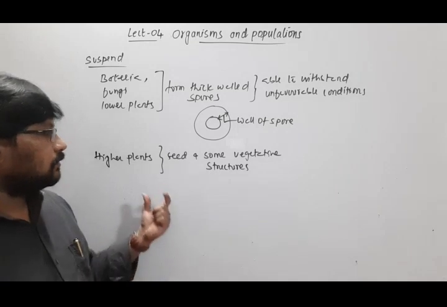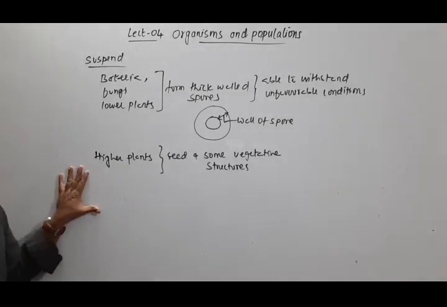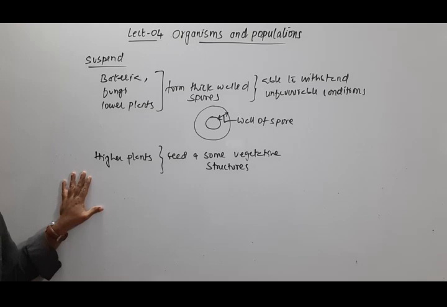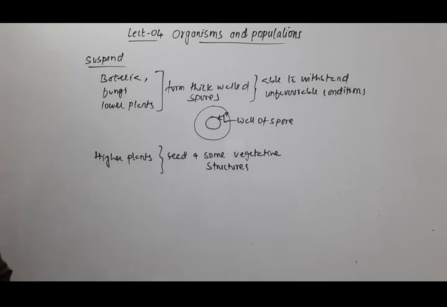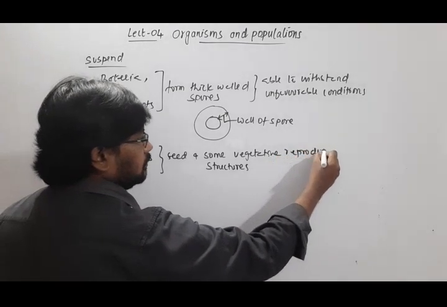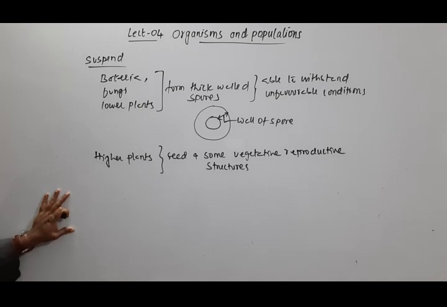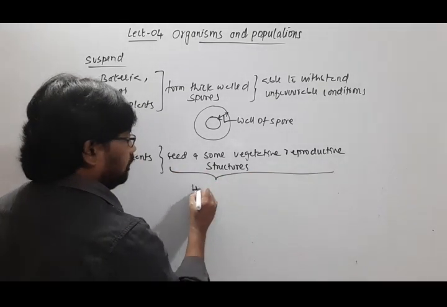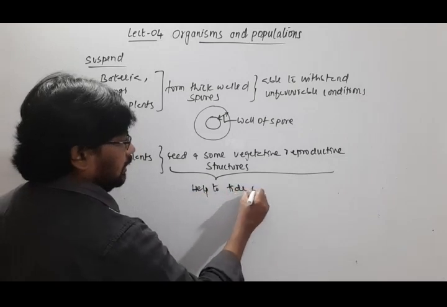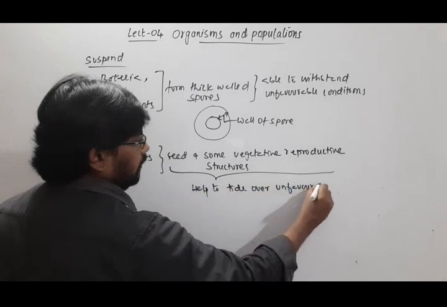That's what we see even in stem tubers, like potatoes. In the higher group of plants, even before the winter or the summer comes, they produce seeds or some vegetative reproductive structures, which help them to tide over unfavorable conditions.